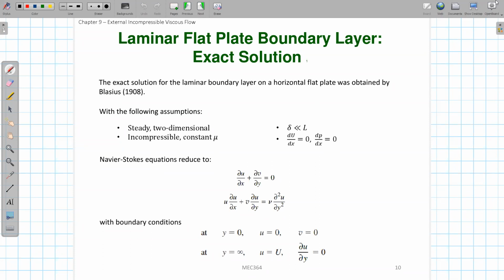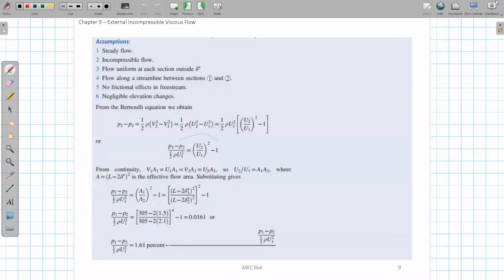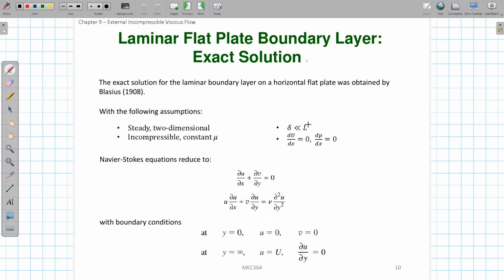Also, let's assume that the boundary layer thickness delta is much smaller than the plate length L, where the larger L is the overall plate length. We also assume that in the free stream, the region outside the boundary layer, U is constant.